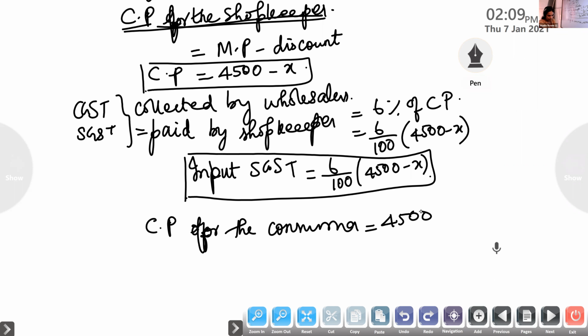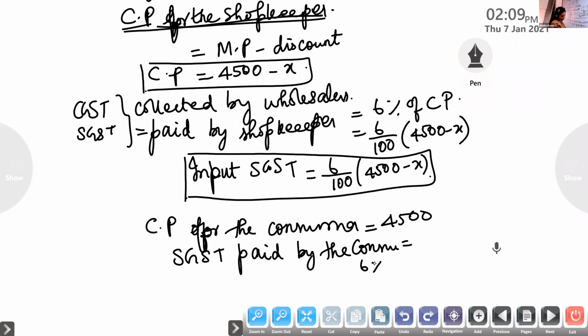The GST rate is given as 12%. So what will be the SGST paid by the consumer? It is again 6% of 4,500, which is 6 by 100 of 4,500.